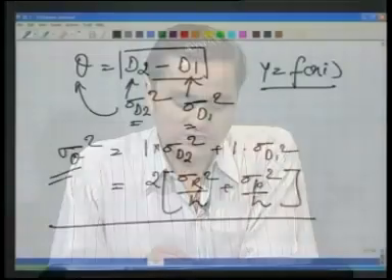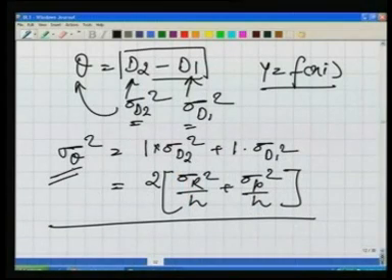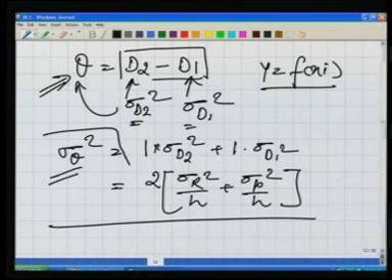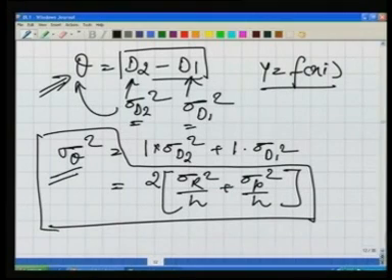This sigma theta square is the error in angle measurement for this theta in the case of the method of reiteration, and it is given by this particular value here.